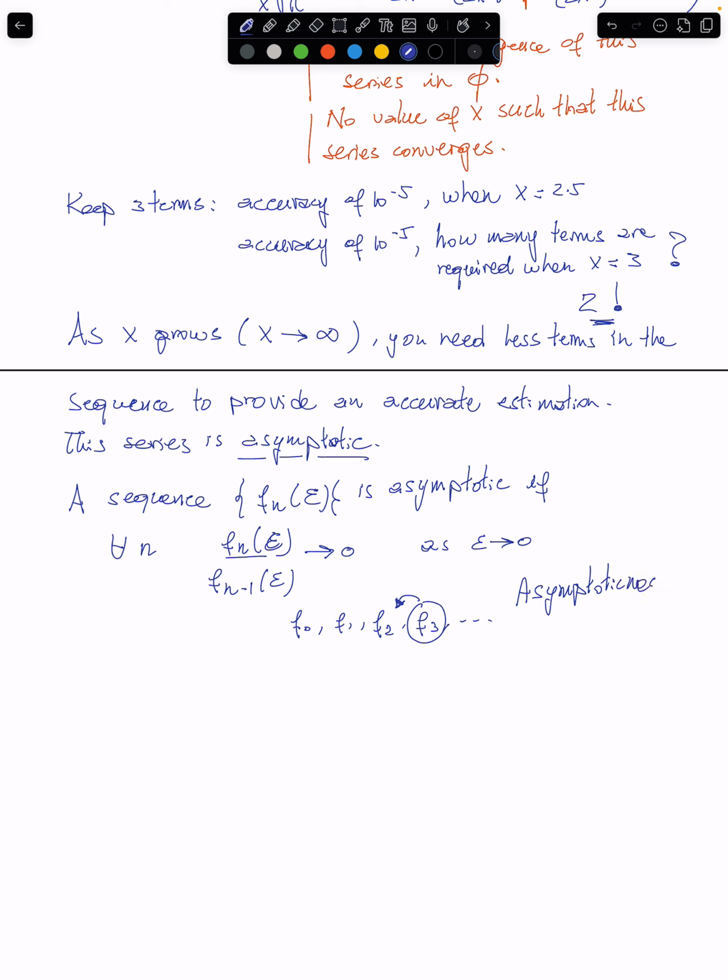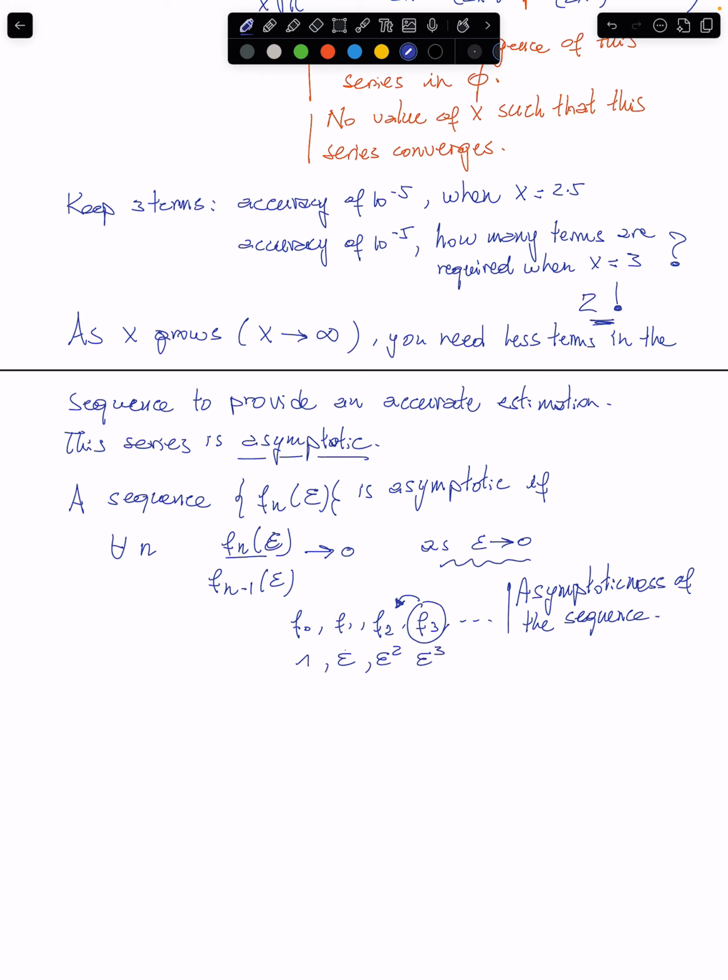Asymptoticness of the sequence. All right, and the sequence might not be asymptotic if epsilon is too large. You just want the sequence to be asymptotic as epsilon goes down to 0. And an example of such a sequence is something we know. We tried these already.